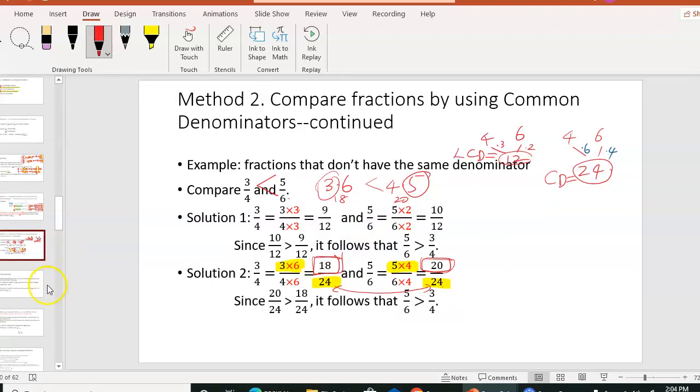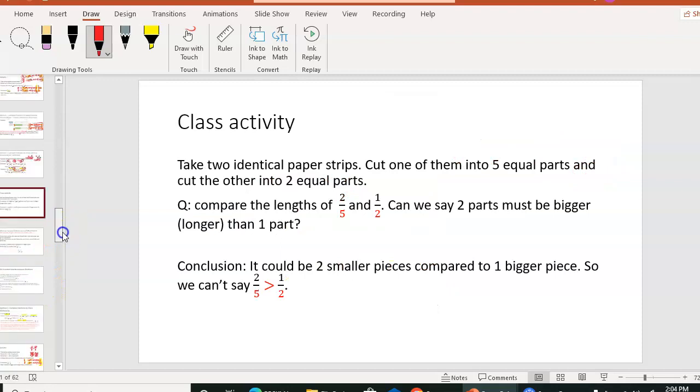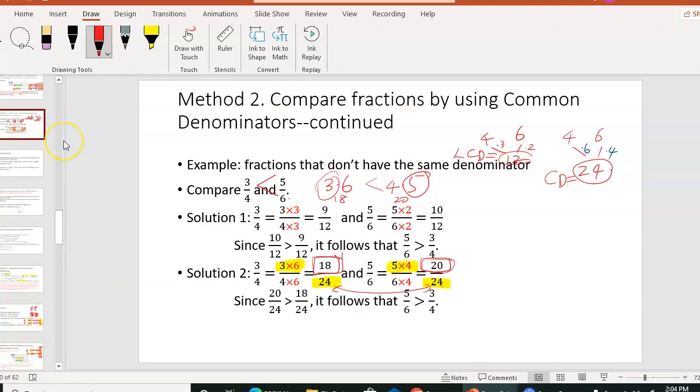Now, if they have different denominators, for example, 3/4 and 5/6, because they have different denominators, we cannot compare them directly. But once we convert them to fractions with the same denominators, again, that means they have the same size. Each part has the same size. Now all you have to compare is which one has more number of parts.